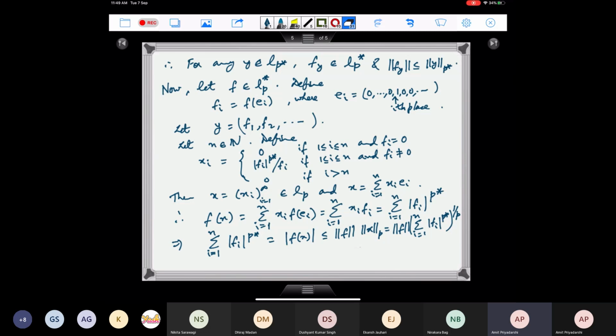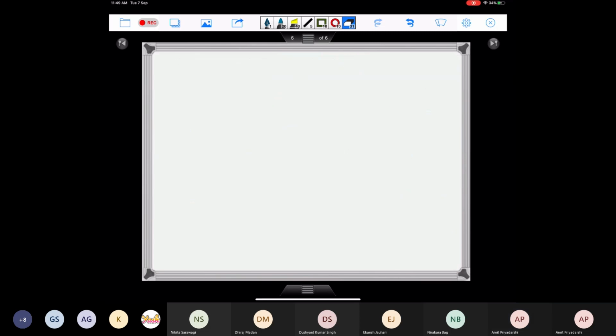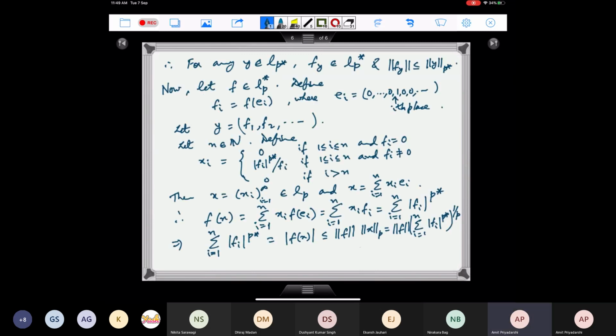So this will imply summation i equal to 1 to n mod fi to the p star raised to power. You see, in the left hand side I have summation mod fi to the p star, and right hand side we have summation mod fi to the p star raised to power 1 by p.